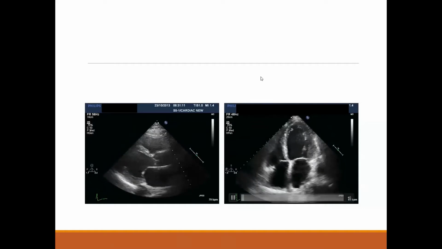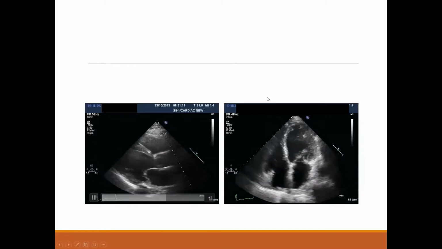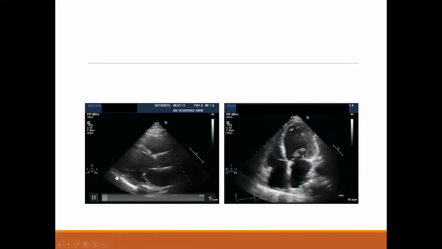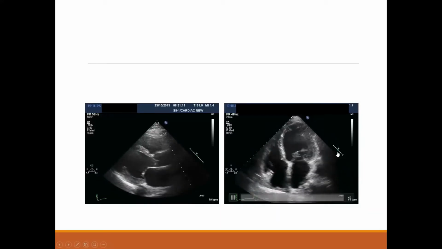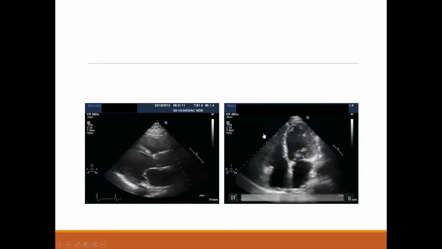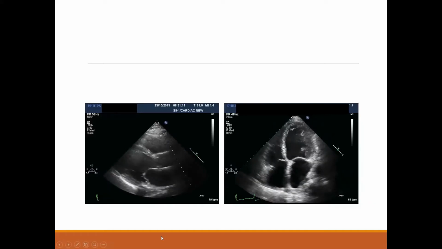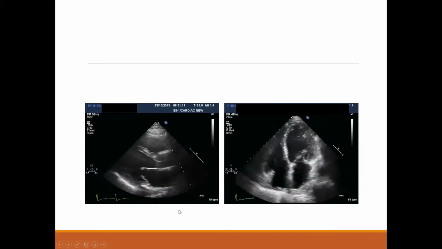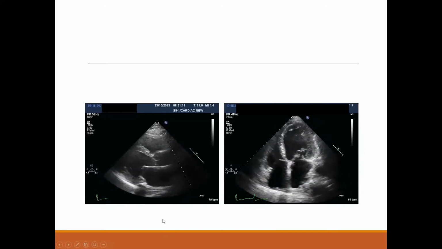Okay. Now, what do you see here? I'm giving you the same patient in parasternal long axis and in apical 4 chamber. What do you see?